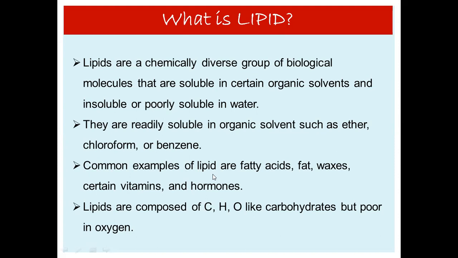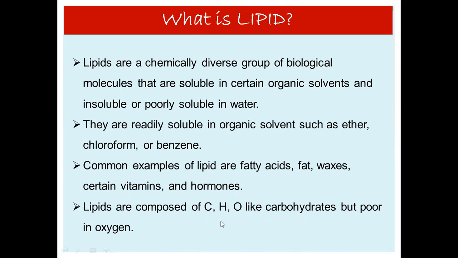Next, what are the common examples of lipid? Common examples of lipids are fatty acids, fats, waxes, certain vitamins, and hormones. Chemically, lipids are composed of the same carbon, hydrogen, and oxygen atoms as carbohydrates, but the difference is that they are very poor in oxygen. That means one molecule of lipid has very few oxygen atoms compared to carbon and hydrogen.